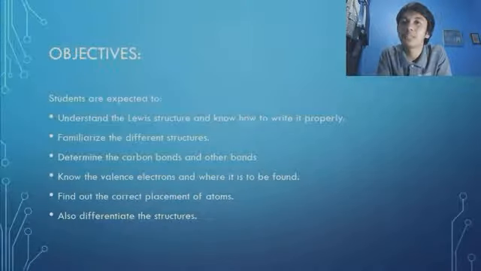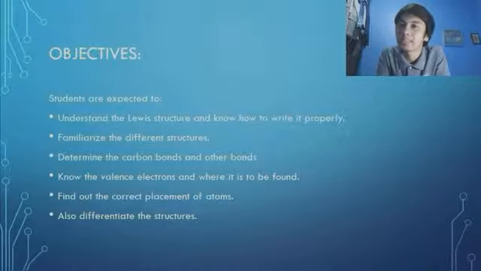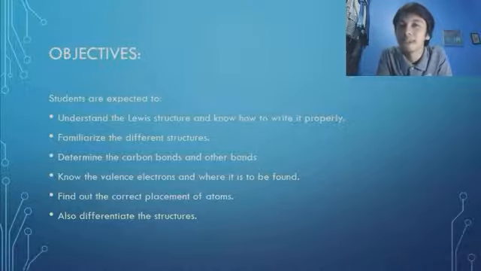For today's objective, the students are expected to understand Lewis structures and know how to write them properly, familiarize the different structures, determine the carbon bonds and the other bonds, know the valence electrons and where they are to be found, find out the correct placement of the atoms, and lastly, differentiate the structures.